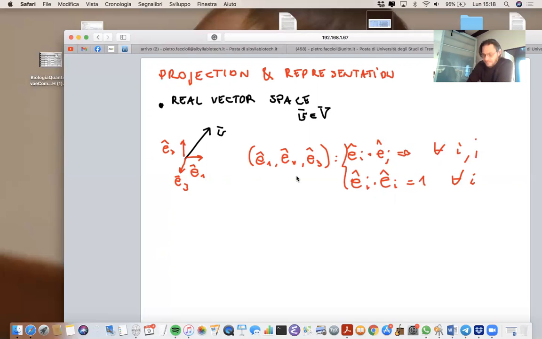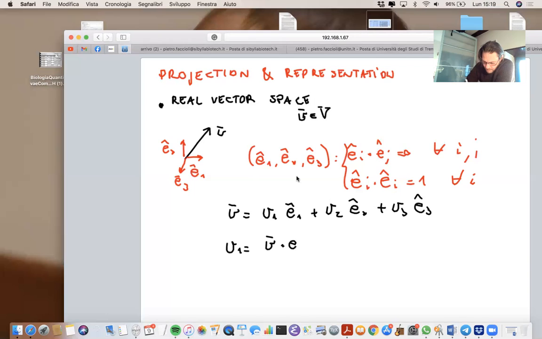So once you do that, any vector v can be written in the following form: v1 e1 plus v2 e2 plus v3 e3, where v1 is nothing but v dot e1, v2 is nothing but v dot e2, and v3 is nothing but v dot e3.